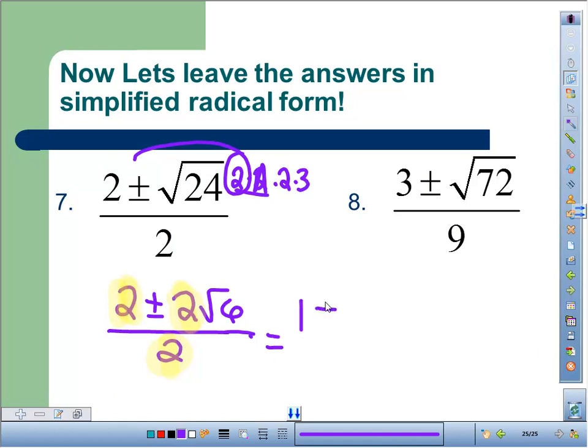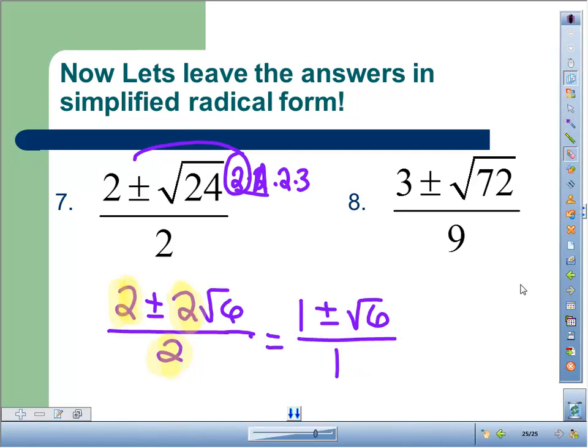Once. It doesn't go away. 2 divided by 2 is 1, so we just get this 1 square root of 6, or just square root of 6. 2 goes into 2 once. Do I need to put over 1? No, I don't. There's my answer right there.